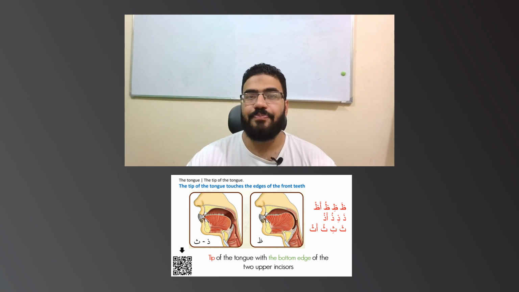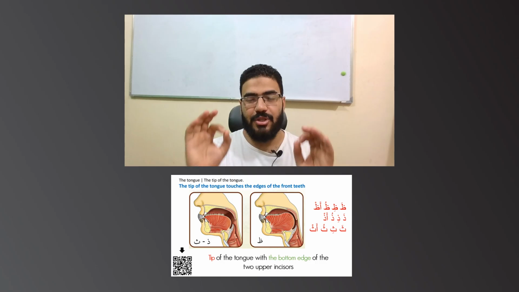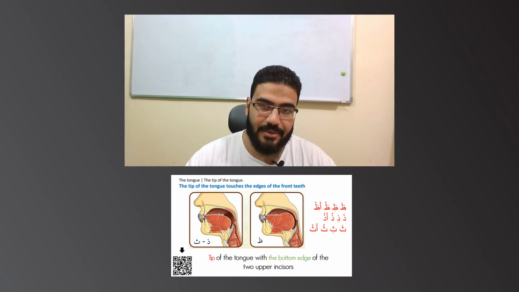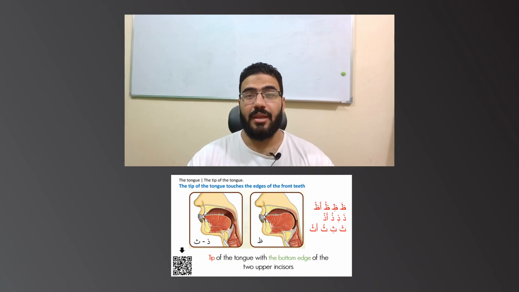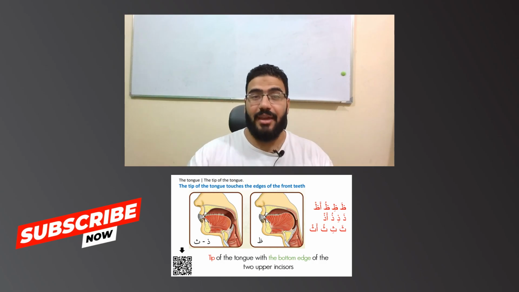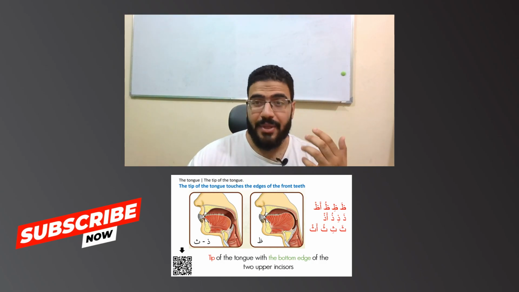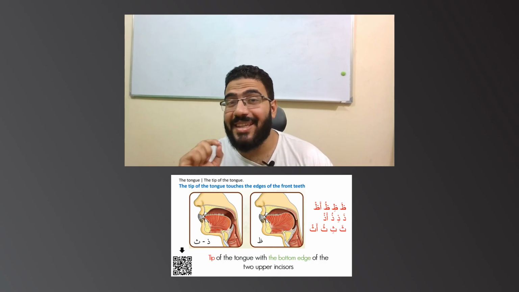Another mistake is that you put the tongue out, especially with the Pakistani and Indian accent. You say av, av. When I or another teacher tell him to pull the tongue out, this is the kind of mistake. Why? Because dha, dhal and tha are from the tip of the tongue.